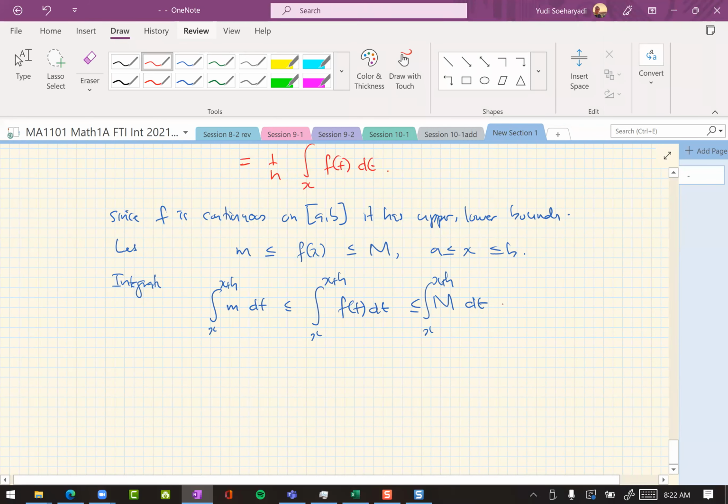So it's just a difference. So this is just little m times h, the length of the interval. The length of the interval is just h.